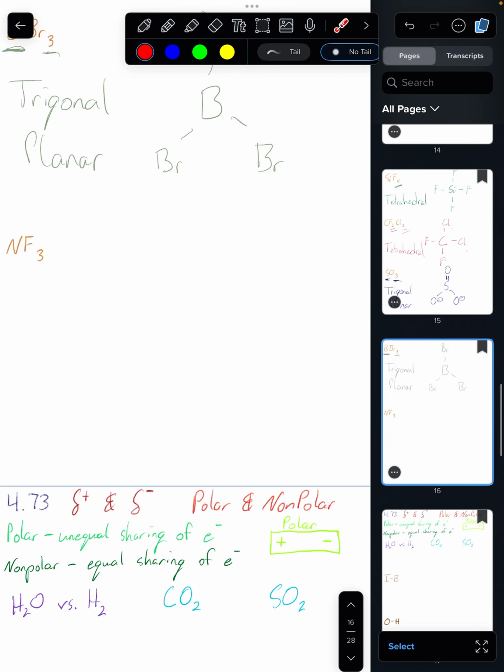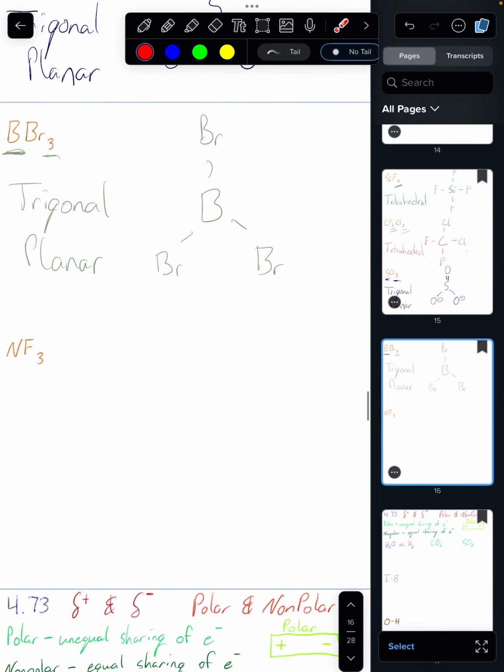So if we go back down, well, our boron's happy, 1, 2, 3. And our bromine's happy, 1, 2, 3, 4, 5, 6, 7. So there's no extra electrons we need. There's no plus or minuses or anything because they're all happy.